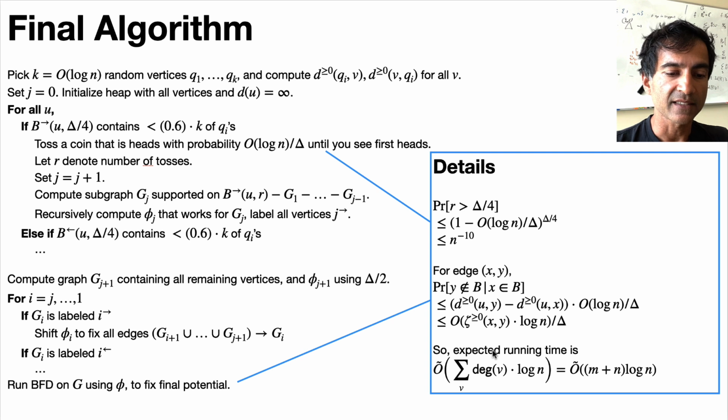And that eventually says that the bound you get here says that in expectation, the parameter eta v that we were working with before, the number of negative edges on the shortest path from S to v, is typically bounded by log n. The expected value is log n. And that means that the expected running time of BFT at the end here is almost linear. Okay, so this algorithm runs in expectation in almost linear time.